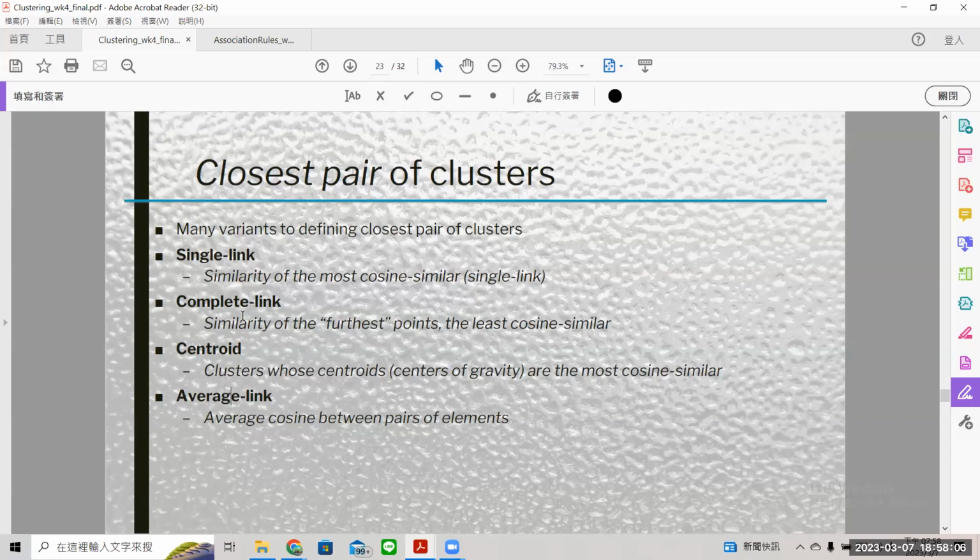The complete link is the similarity of the furthest points, the least cosine similar. You can also use the centroid, which is similar in thinking to k-means, and you can also use the average link. These are the parameters, so please remember these 4 words. Later when I show you the tree diagram, you can try different clustering methods by changing the parameter setting. I will also show you one by one how this distance is computed in the mathematical formulas.